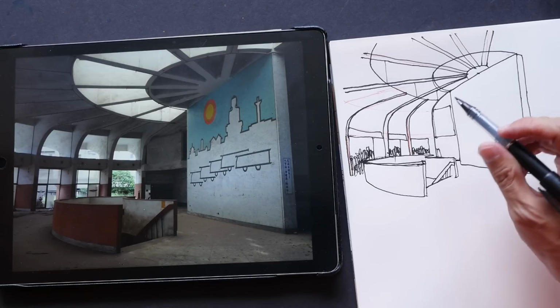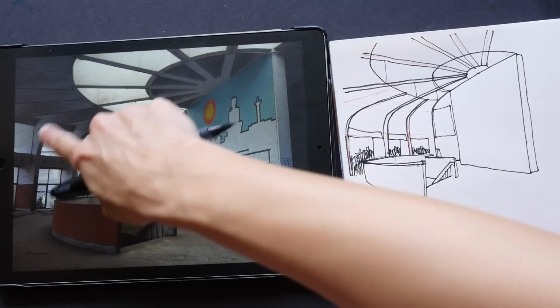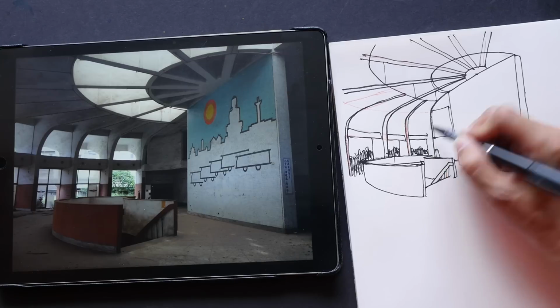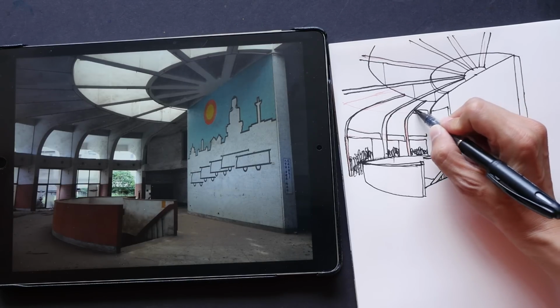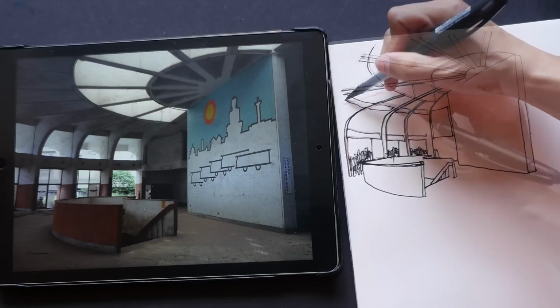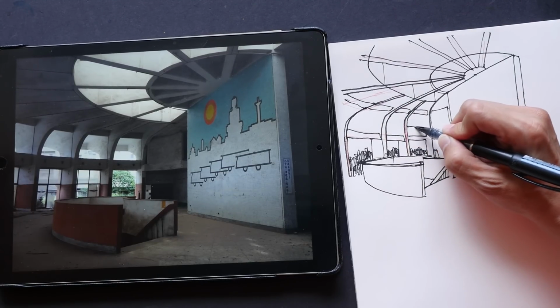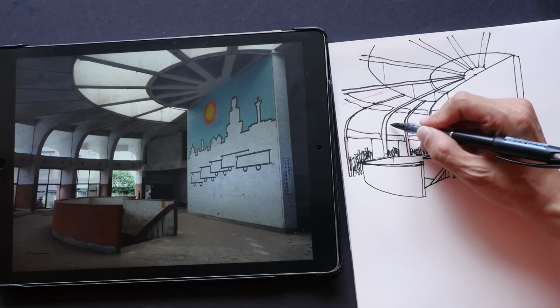Okay, so now perhaps to give it extra, oh, I forgot to draw this area here, so I need to draw that in. And this is the curve at the top, and this is the shape of the window. It looks like some sort of opening.